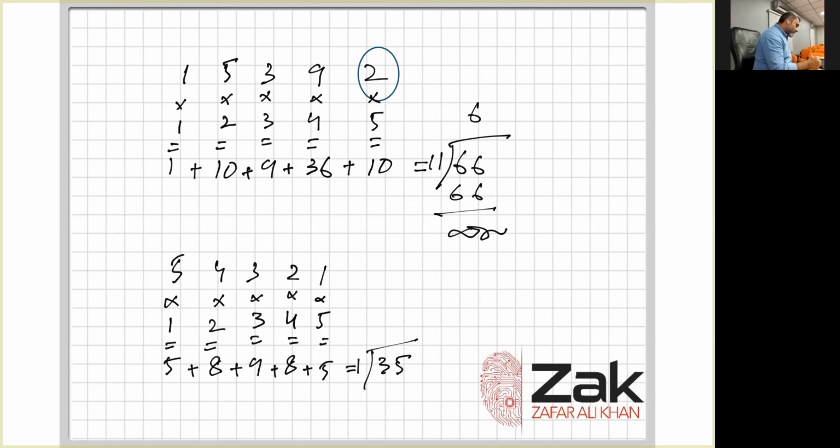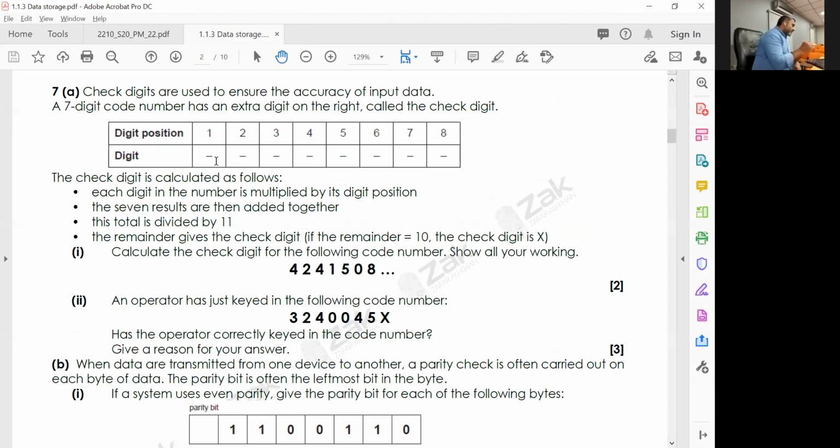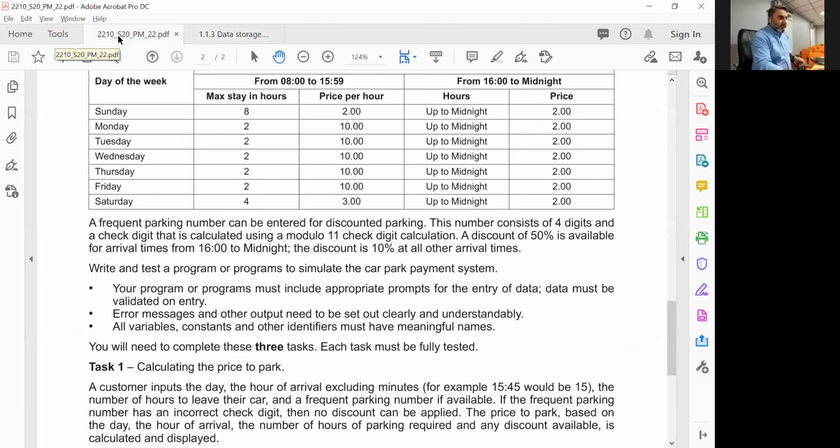And if we divide it by 11, we would have something left, which means that it is an incorrect number entered. So this is the strategy that we are going to use to check our entered number. This would be a check, but not in terms of rejection of the number as usually happens in validation, but it would be used as a marker if the discount is given or not.